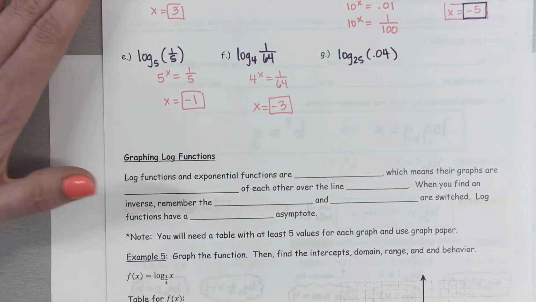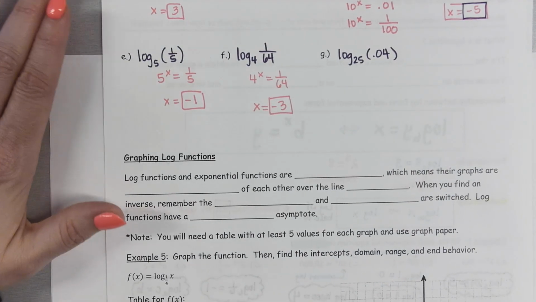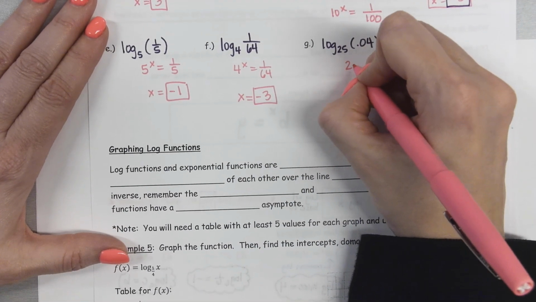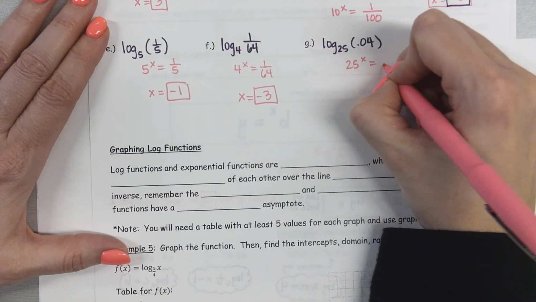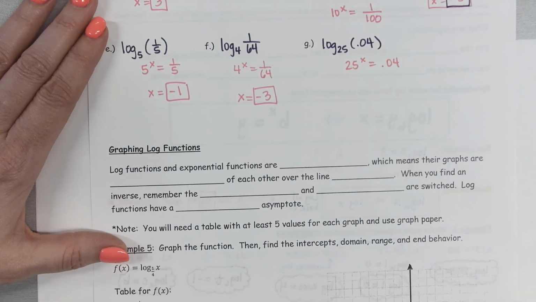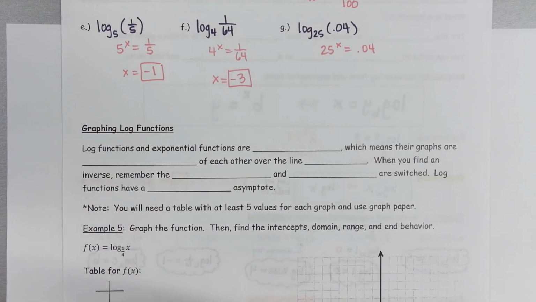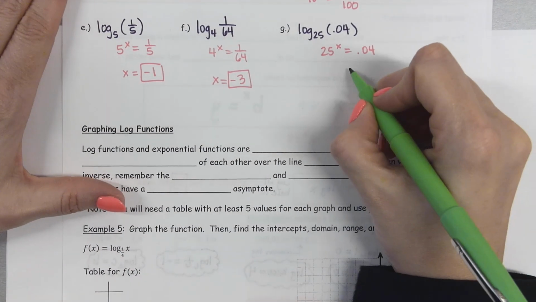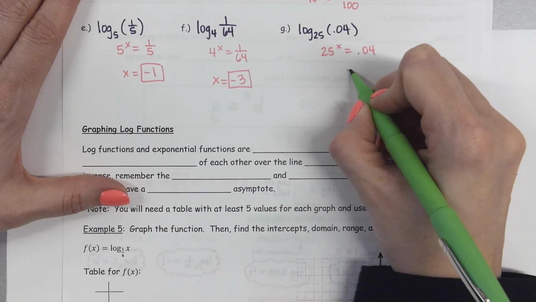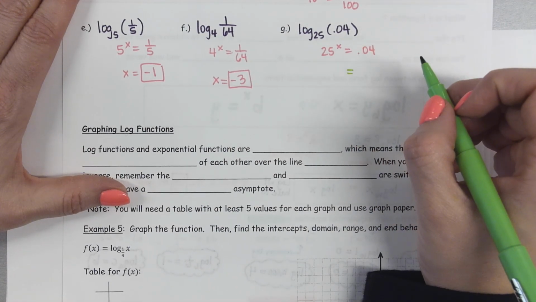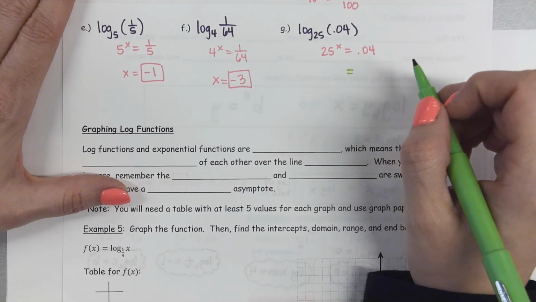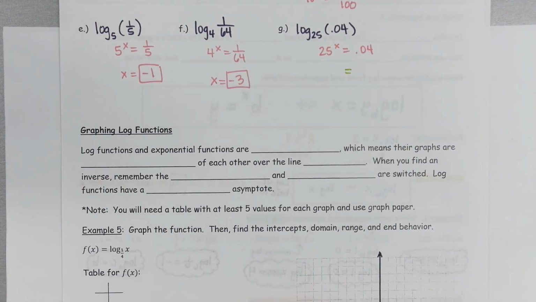Okay, and how are you guys doing on G? Okay, so first step, 25 to a power equals 0.04. Okay, and then Addison, where'd you go from there? That's okay, tell me what you thought it was. Oh yeah, yeah, why though?